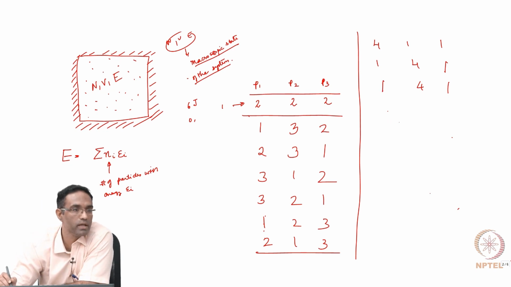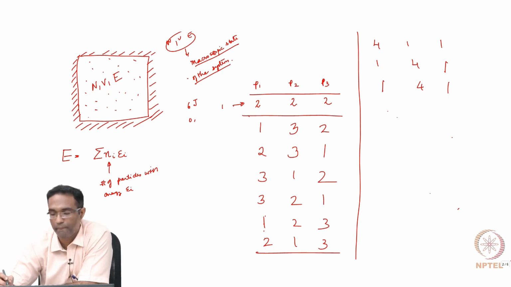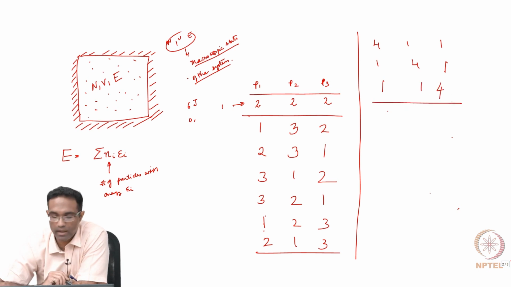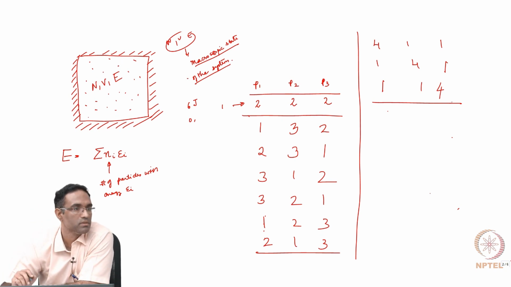Anything else? Any other possibility? No. Is there any other way by which I can get 6 joules from 3 particles? No, because I am not allowing that.